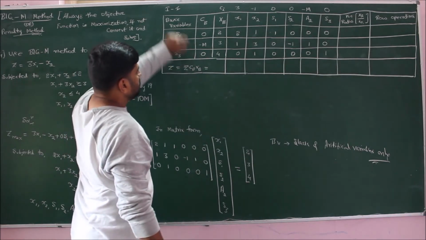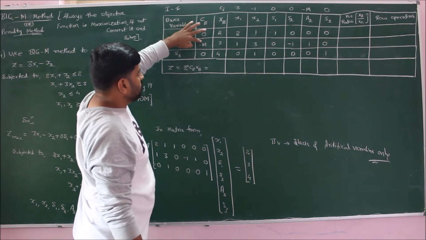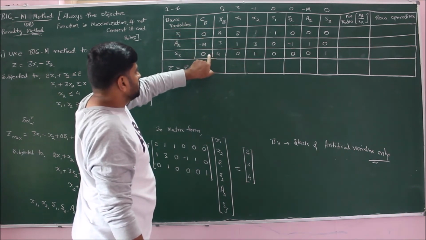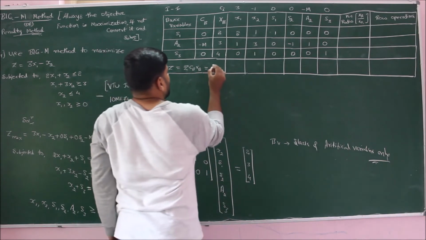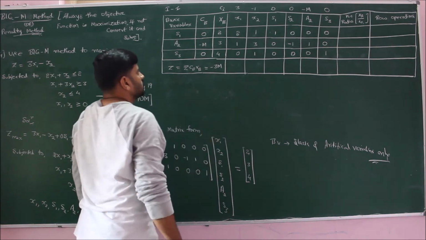Now taking the summation, 2 into 0 is 0, plus 3 into minus m is minus 3m, and 4 into 0 is 0, so therefore I will get the value as minus 3m.